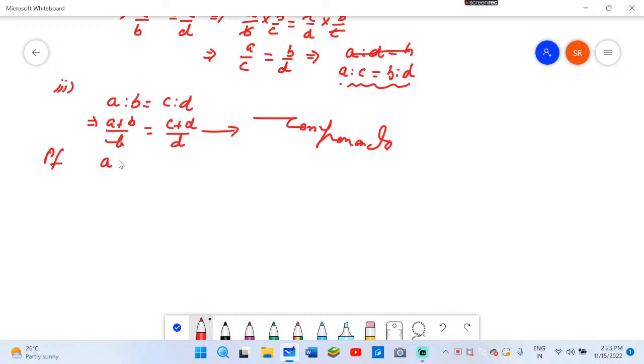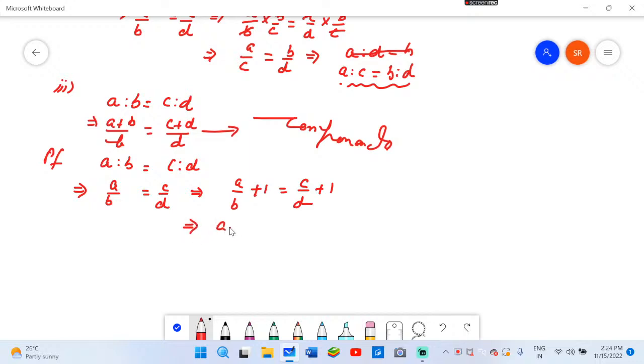What is given? A is to B is equal to C is to D. By definition of ratio, it is A upon B equal to C upon D. Now we add 1 on both sides. A upon B plus 1 equal to C upon D plus 1.